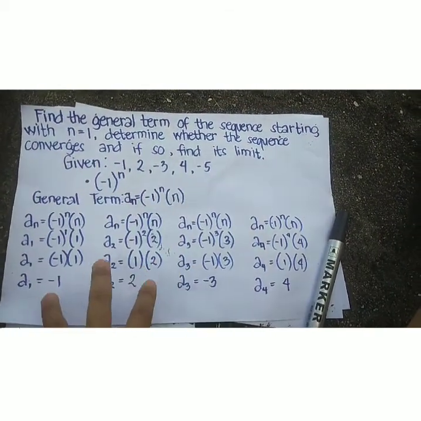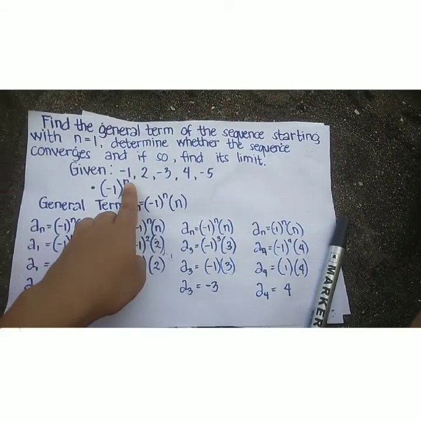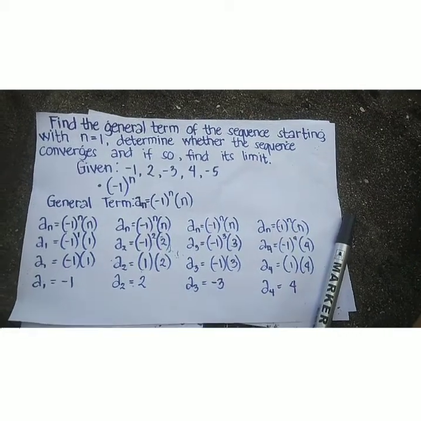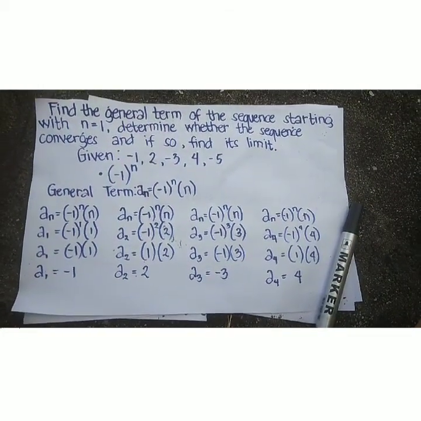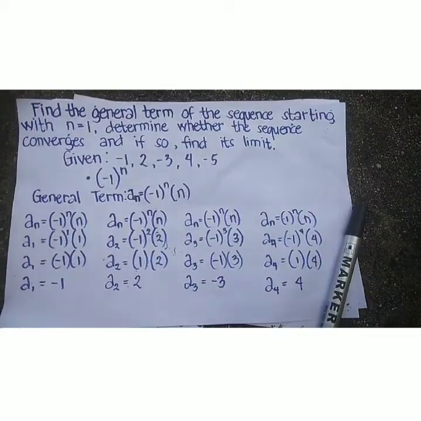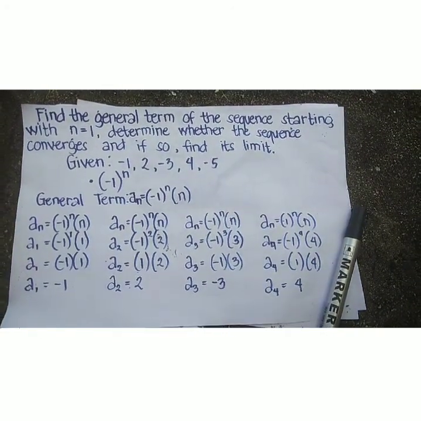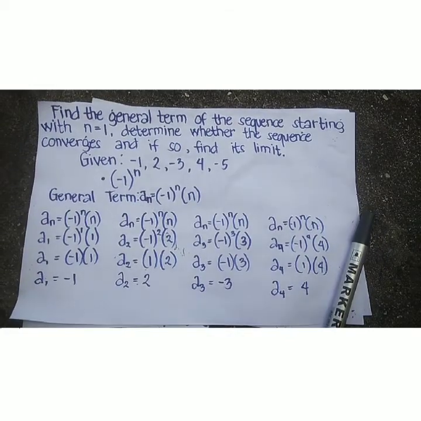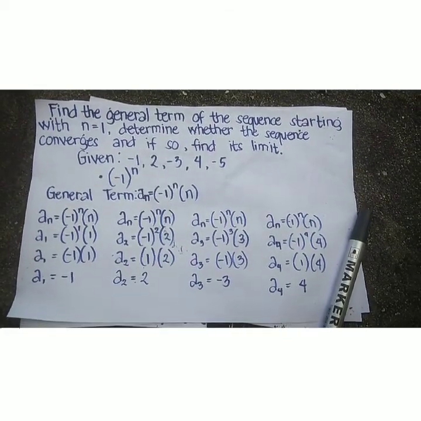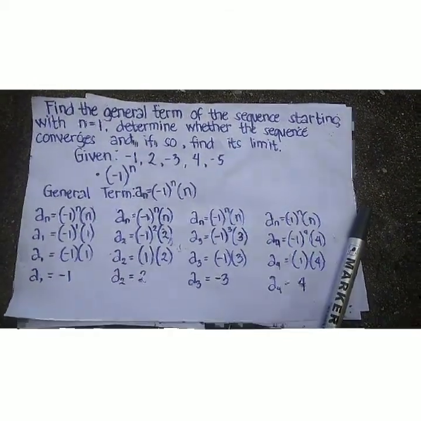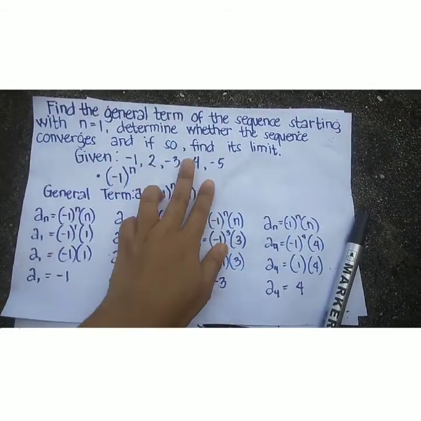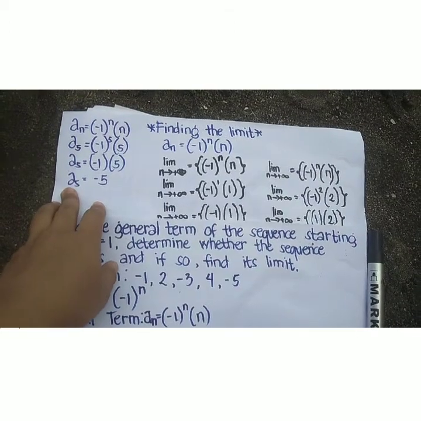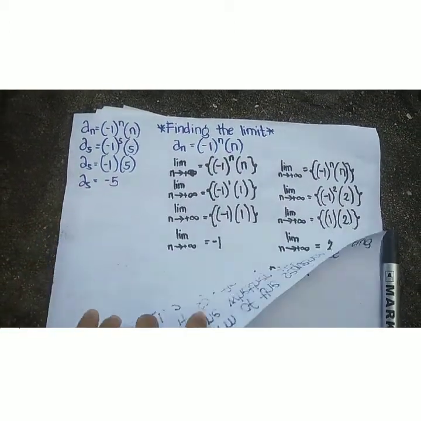As we can see, it is correct because it matched with our sequence. And to continue, if we plug in 4 into our general term, the result would be 4. So it is correct.